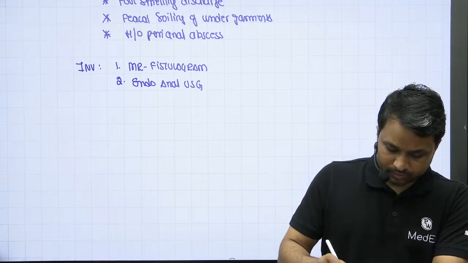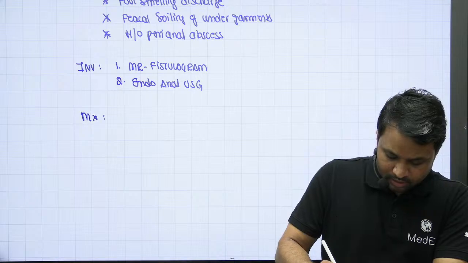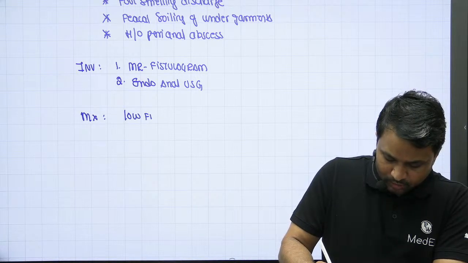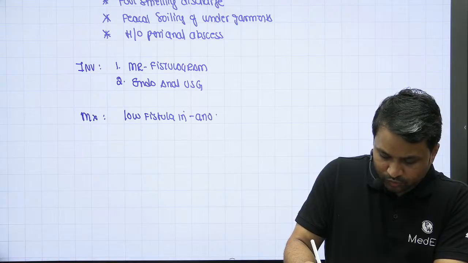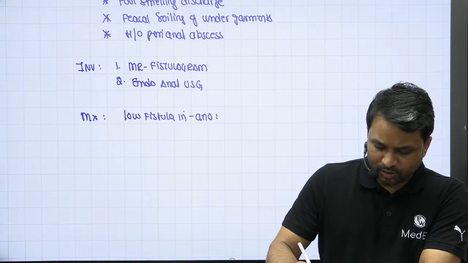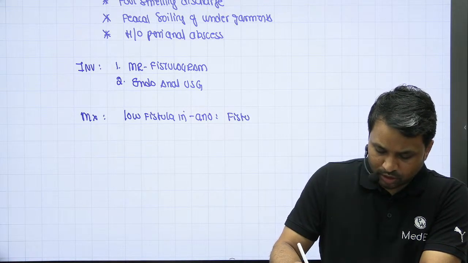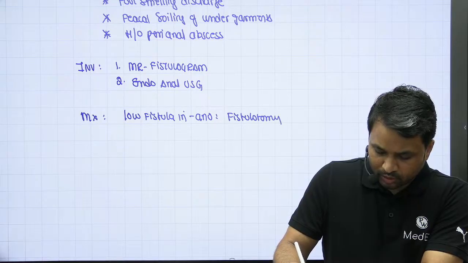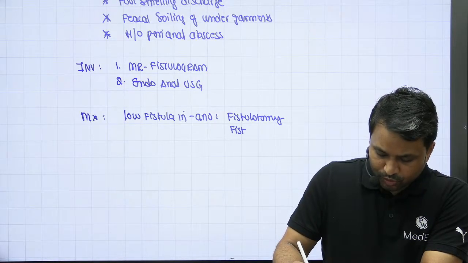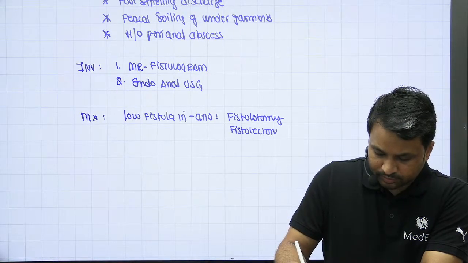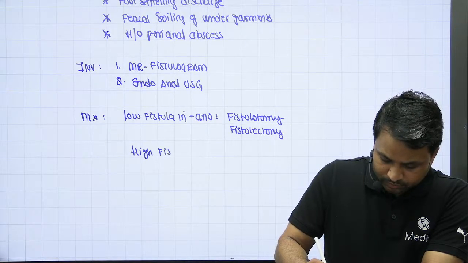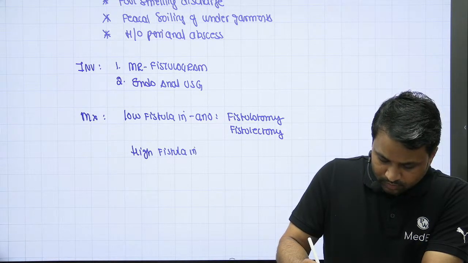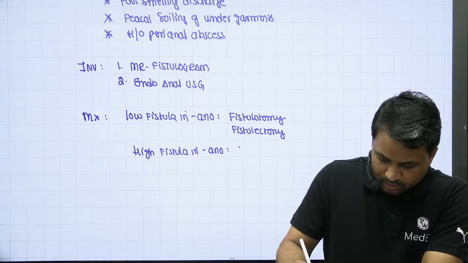Management: if it is a low fistula in ano, then you can simply go ahead with fistulotomy, or you can perform fistulectomy. If it is a high fistula in ano, then you will use a cutting seton.